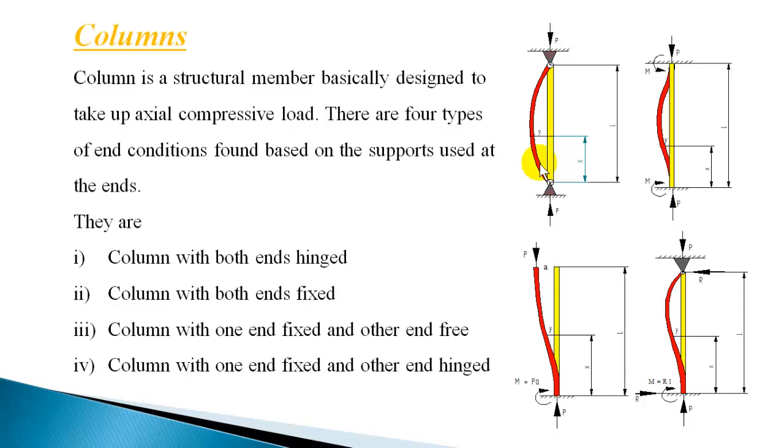But long columns can buckle, and due to excessive load they can bend sideways, and bending will induce excessive bending stress in the member, and this bending stress along with the direct stress induced due to the load can be beyond the permissible limit allowed in the material, and the column may fail at a very low load compared to the normal failure of the column due to normal compressive stress.